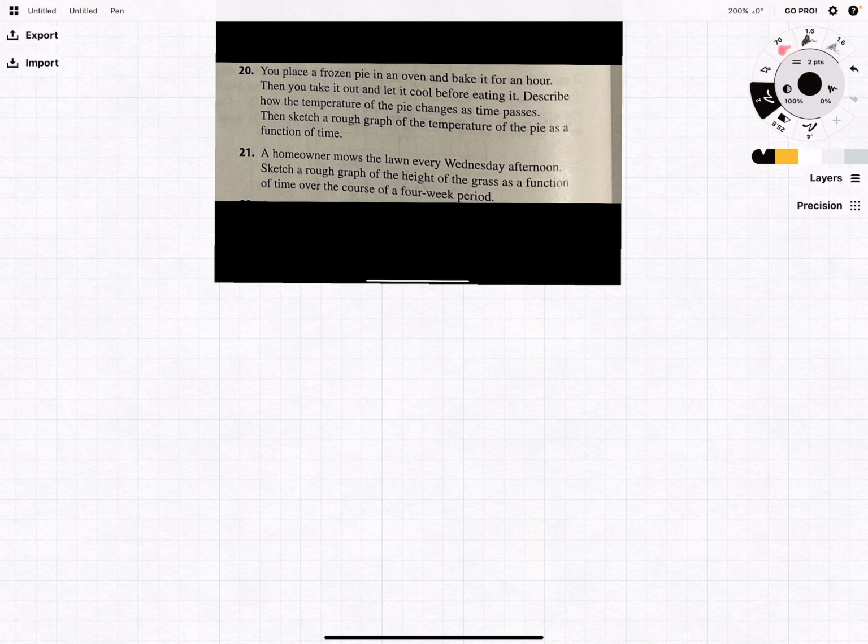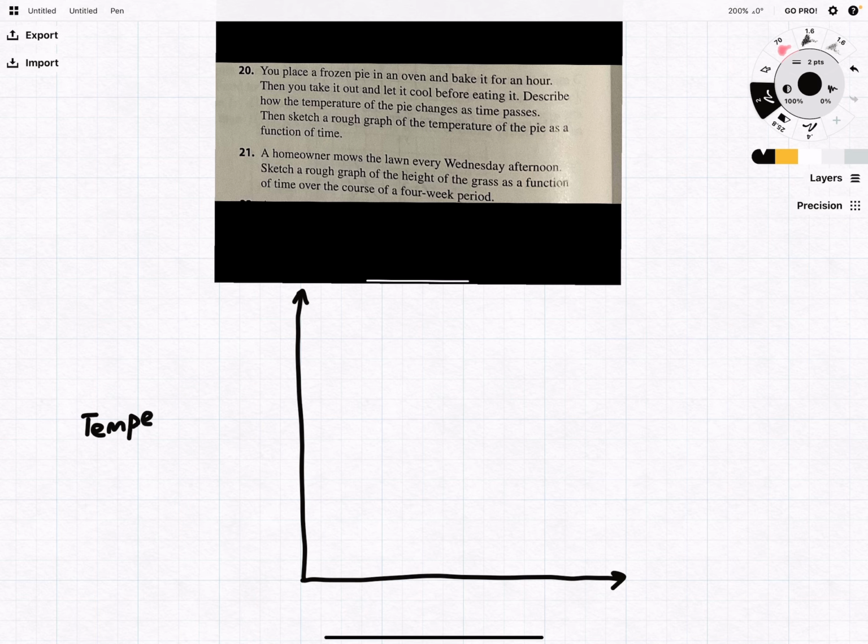Okay, so let's go ahead and describe that with a graph. So what happens is we have temperature. Let me rewrite that a little bit further to the left. We'll say degrees Fahrenheit. And the pie is frozen, so maybe 20 degrees.